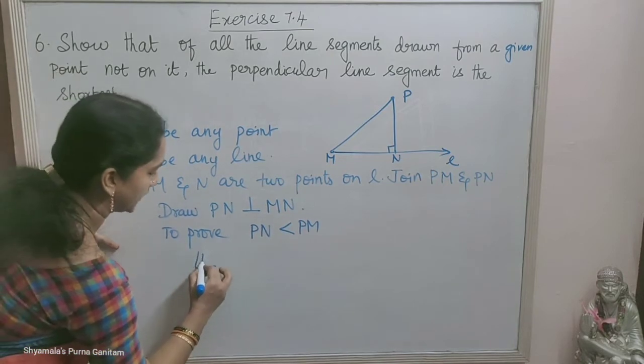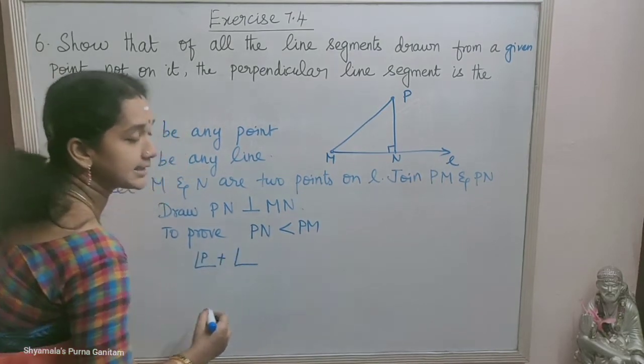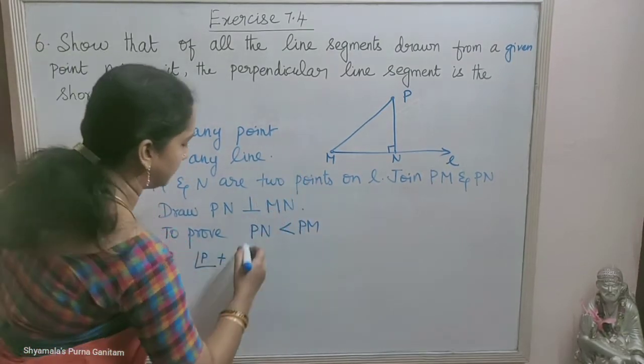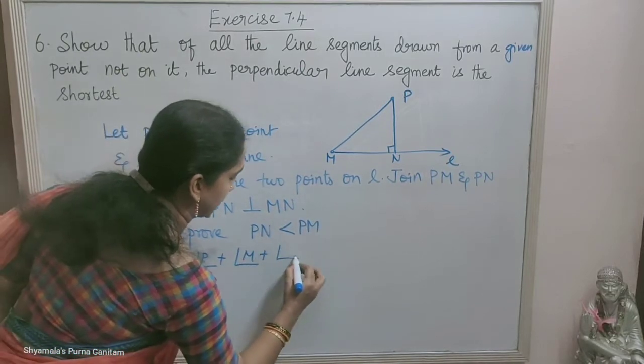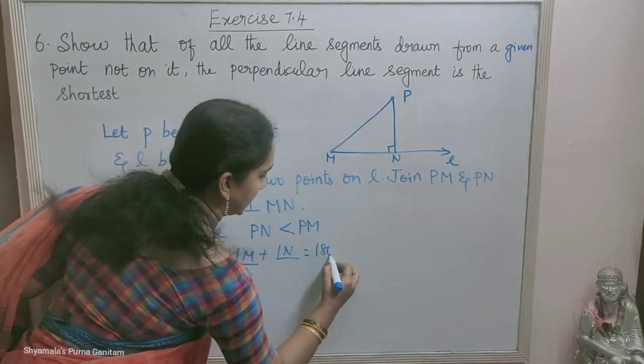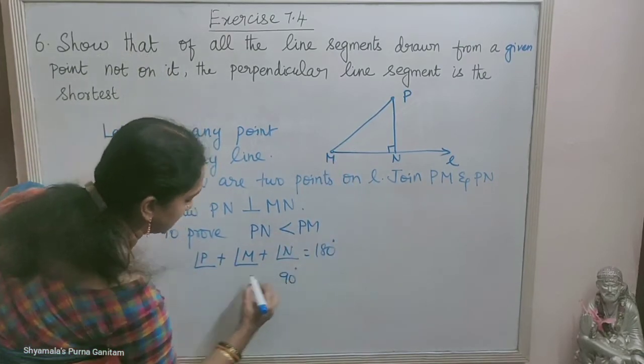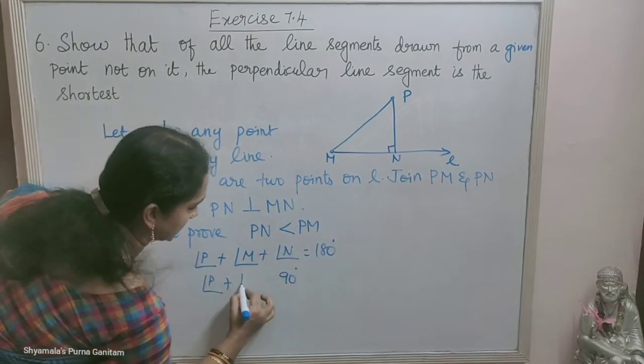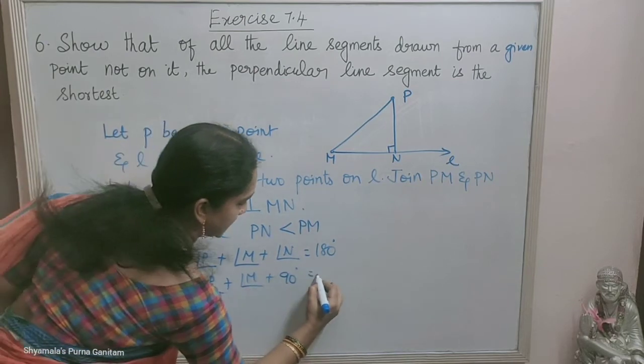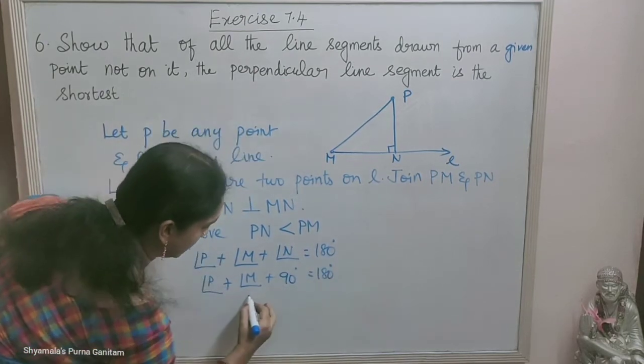For proving that, we will use the angle sum property of a triangle. Angle P plus angle M plus angle N is equal to 180 degrees. We know that angle N is 90 degrees. So, angle P plus angle M plus 90 is equal to 180 degrees.